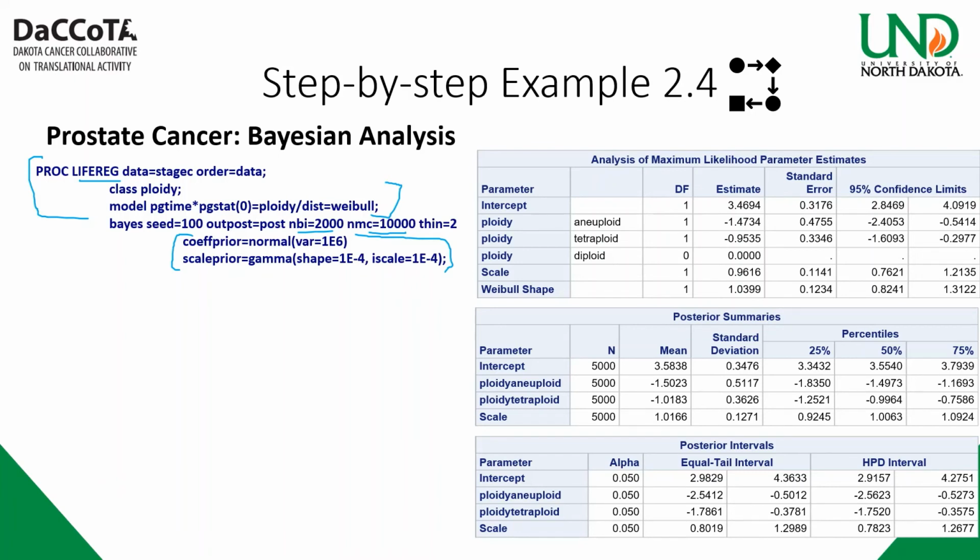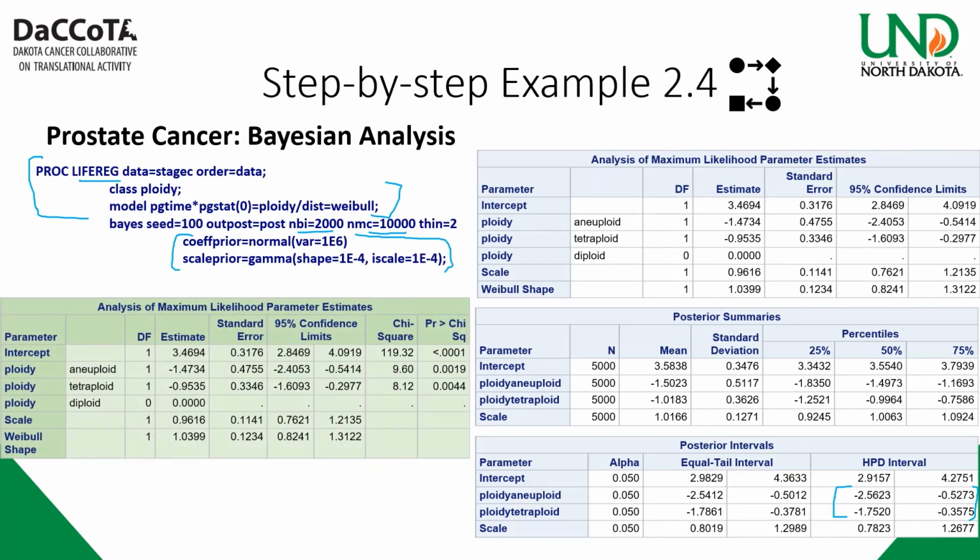Since aneuploid and tetraploid compared to the diploid are negative and the intervals do not include 0, they are significantly negative. So what it means is they have lower survival, or in this case, lower disease progression, or non-progression to the next stage.